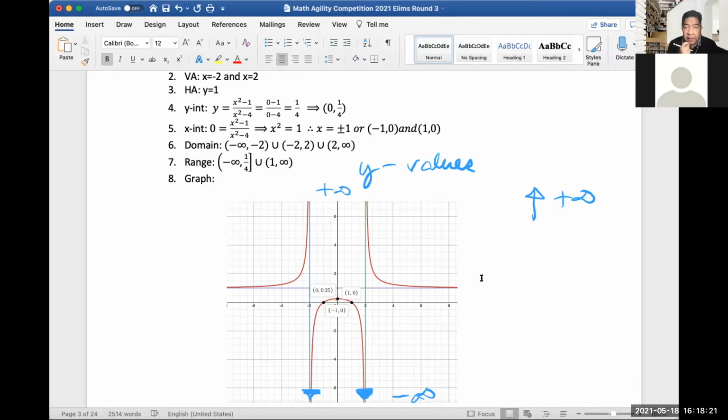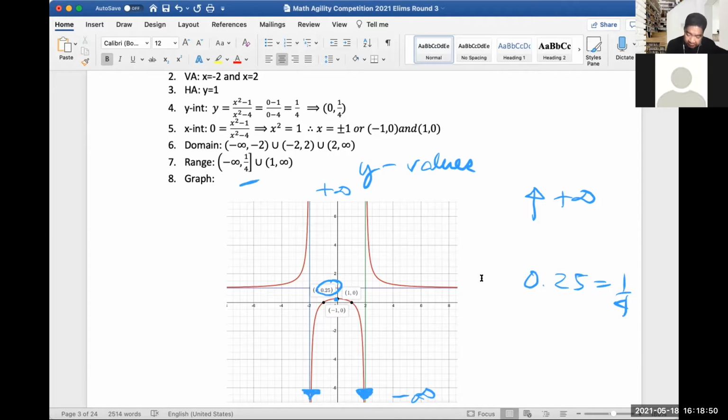And since it crosses y at 1/4, 0.25 is 1/4 in fraction, that's this point here. So we start from negative infinity, but since it crosses y at 1/4, we use the bracket: negative infinity comma 1/4 bracket, and then the curve still continues.